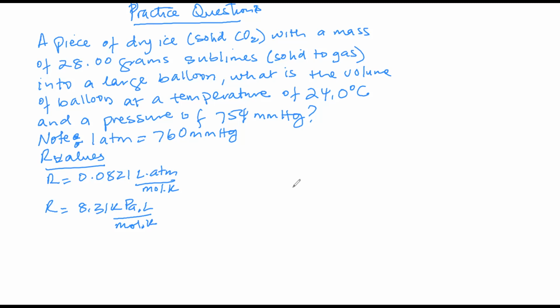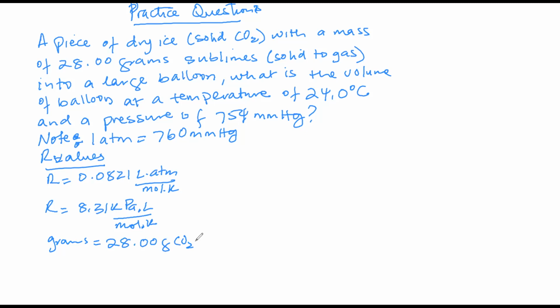So we have number of grams. We look at number of moles. How do we get n? We know grams of carbon dioxide, that is equal to 28.00 grams of carbon dioxide.